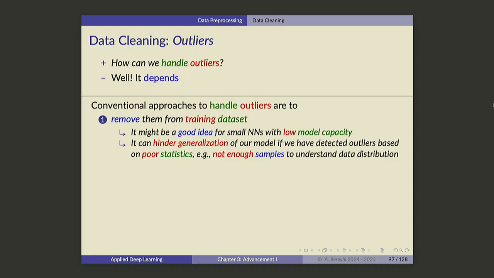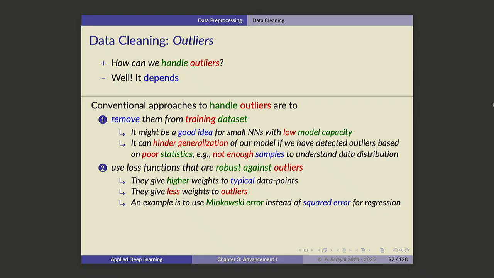This is especially good if you have a simple model, because a simple model has low capacity, and it cannot grasp both normal data and outliers, so you prefer the outlier to be out, and you just work with the typical data.